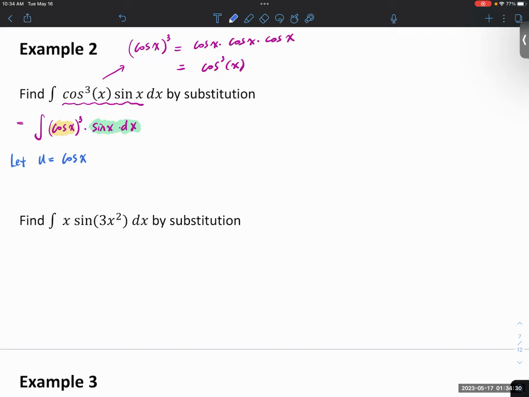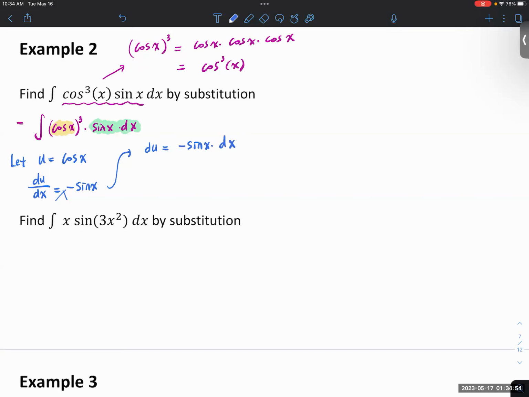Take the derivative. So du over dx, go to the differentiation table. The derivative of cosine x is negative sine x, correct? So if you do the cross multiplication, du equals negative sine x dx.